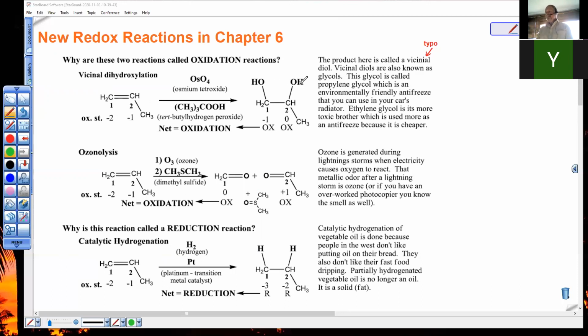So forming a vicinal dihydroxyl compound, also known as a vicinal diol. They're also called glycols. So we have to learn these things. Vicinal diols are called glycols.